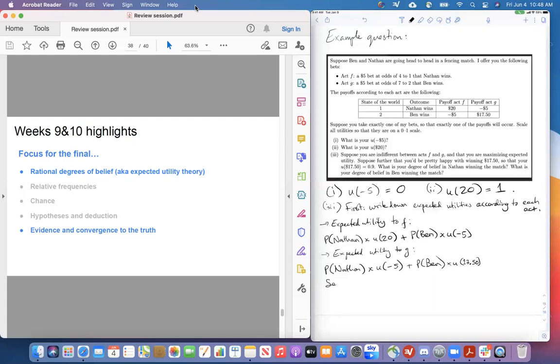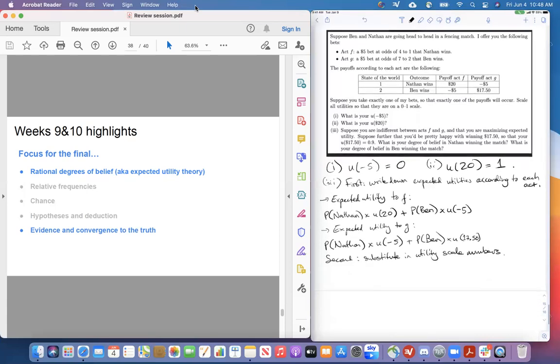The second thing you do, substitute in your utility scale numbers. We know from parts 1 and 2 that U of -5 is 0 and U of 20 is 1. I then tell you that U of 1750 is 0.9.